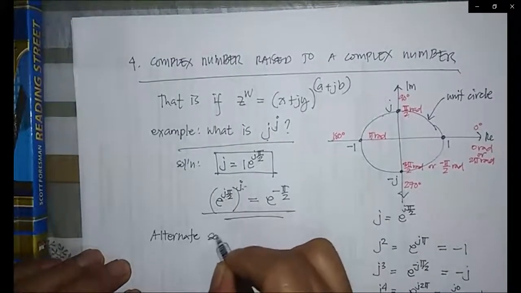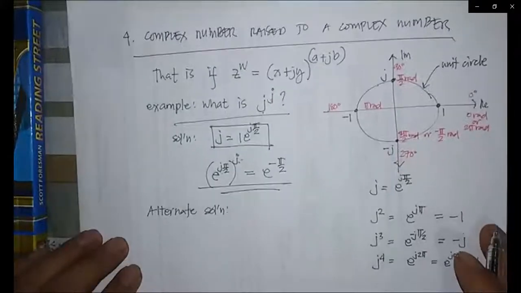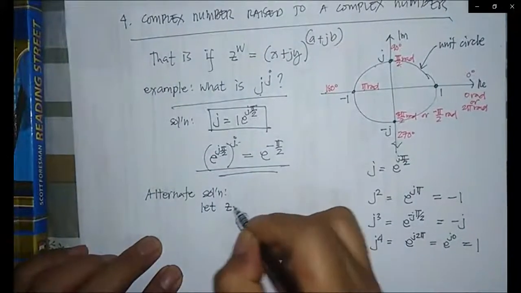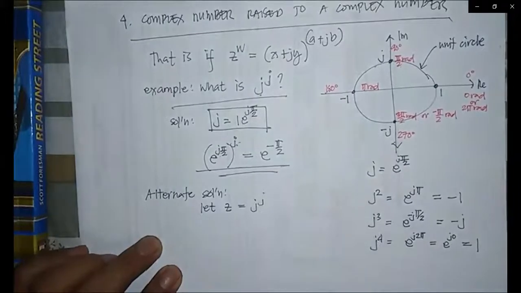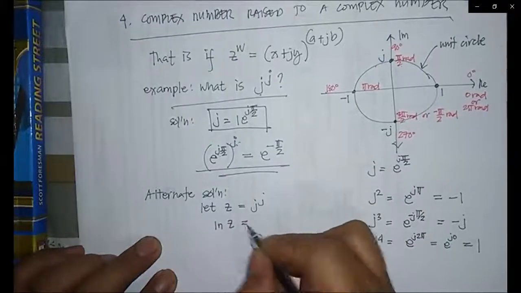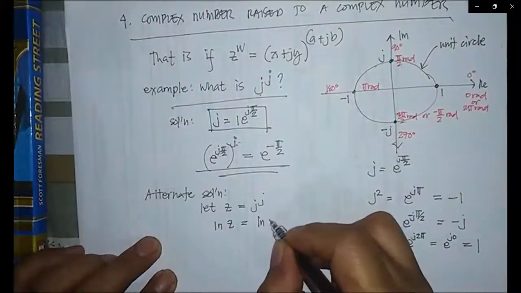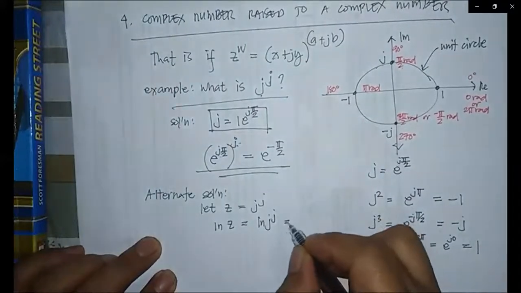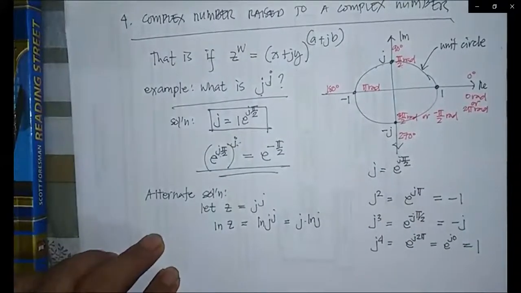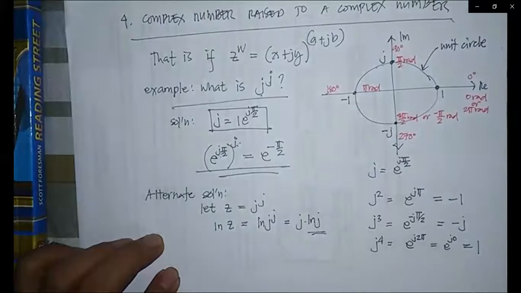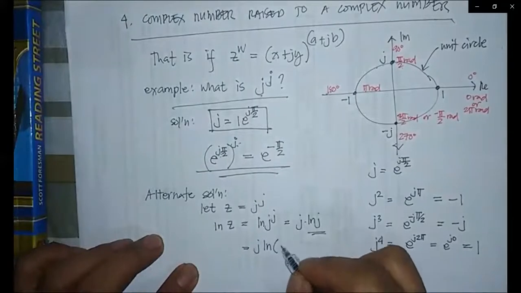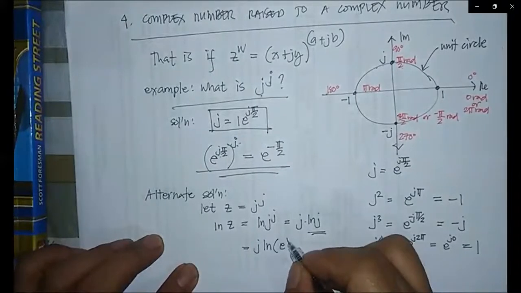Now here is an alternative solution that you will use all throughout this topic if you are dealing with a complex number raised to another complex number. Assuming we let z equal j raised to j. If we take the logarithm of both sides, this becomes ln of j raised to j, or j multiplied by ln of j. And take note, j is equivalent to e raised to j pi over 2.